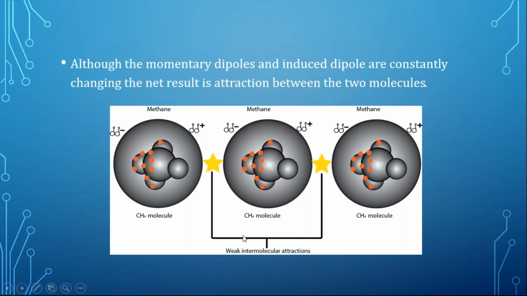These weak intermolecular attractions are nothing but van der Waals attractions. Although these momentary dipoles and induced dipoles are constantly changing, the net result is attraction between the two molecules. There is only attraction.